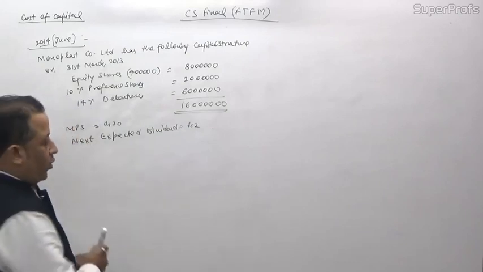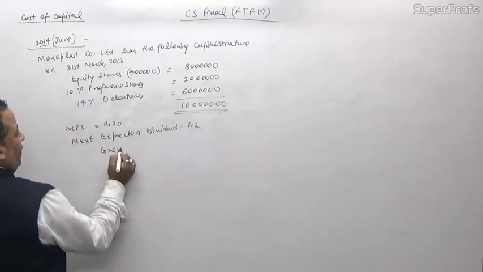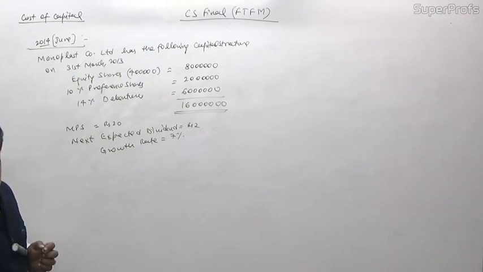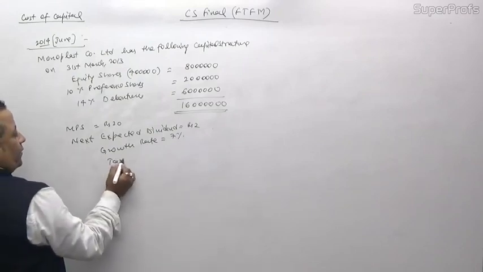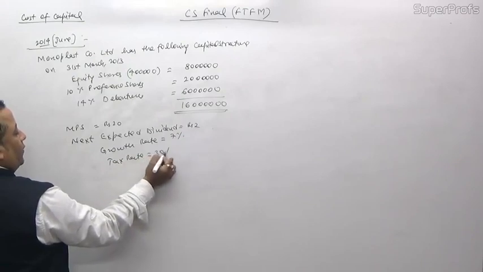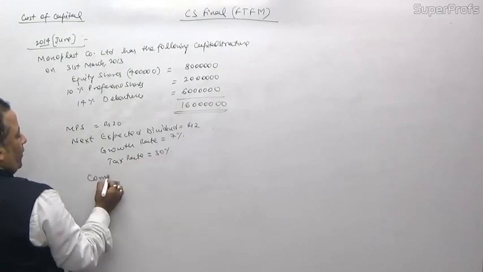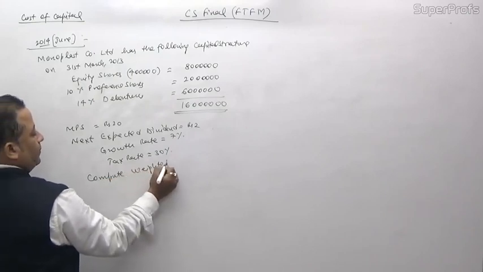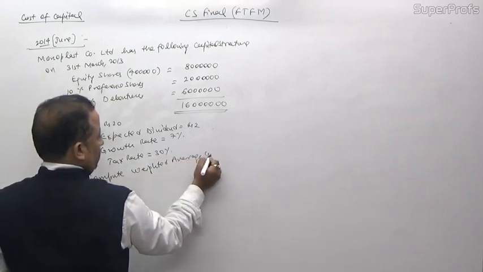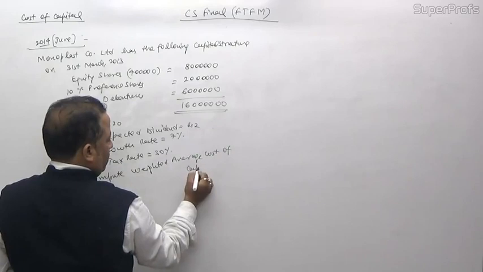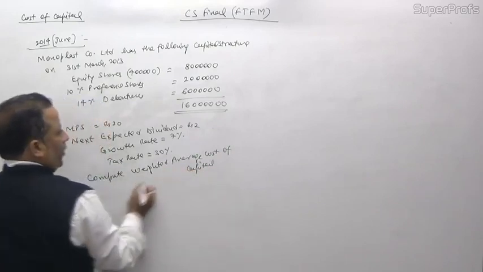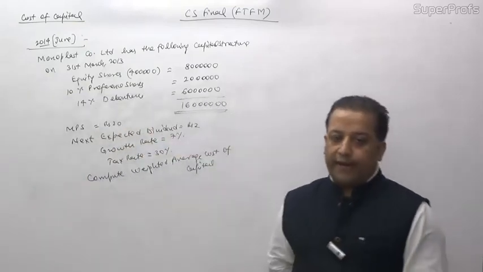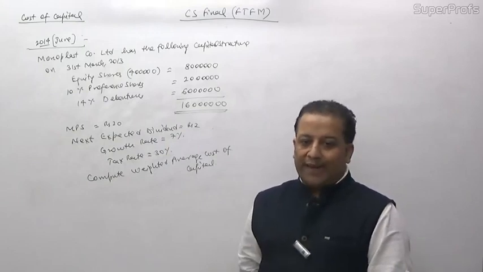The growth rate is 7% and the tax rate is 30%. So compute the weighted average cost of capital, WACC, of Monoplast Company Limited.